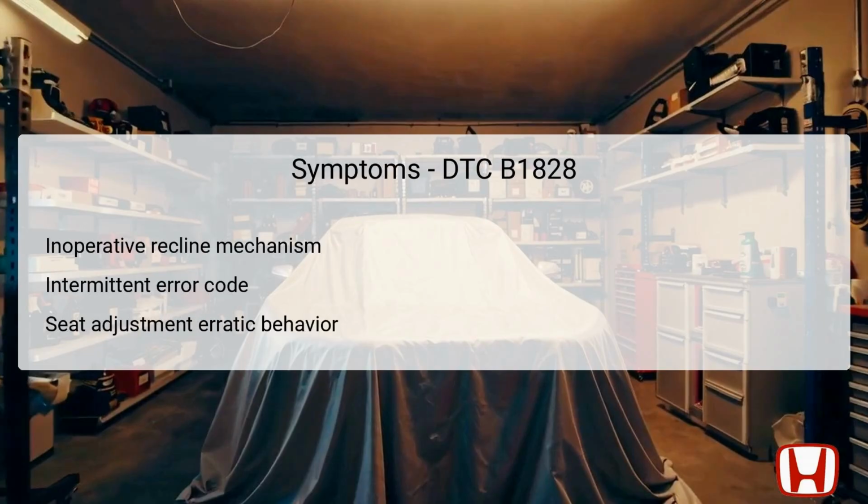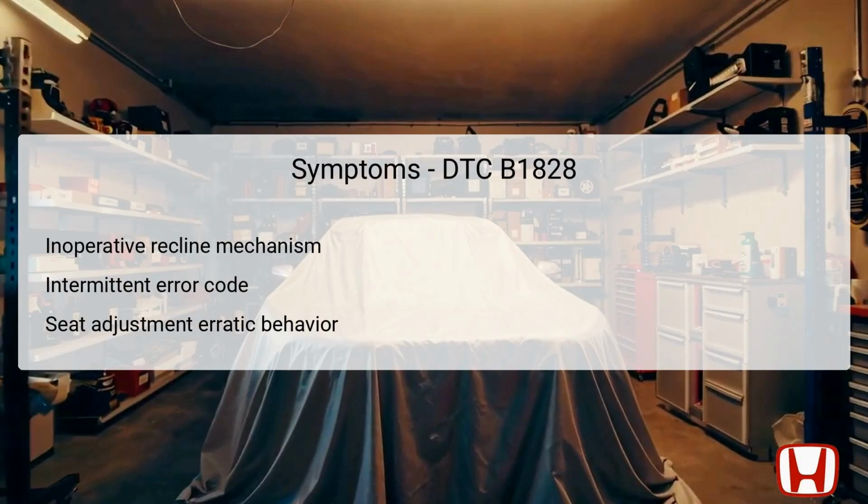Identifying the symptoms associated with DTC B1828 is crucial for effective diagnosis. One prominent symptom is inoperative recline mechanism, where the driver's seat fails to adjust its angle despite pressing the recline switch. Additionally, drivers may experience intermittent occurrences of the error code, where it appears sometimes but not consistently, indicating a potential sporadic electrical issue.